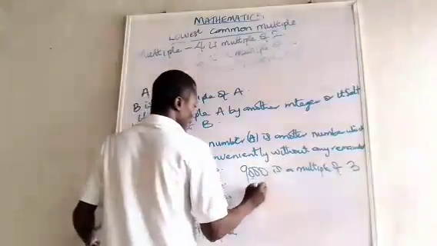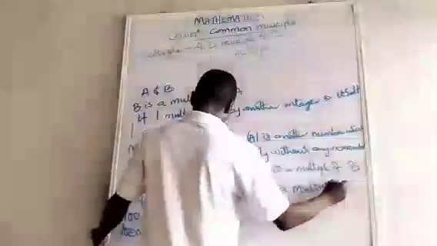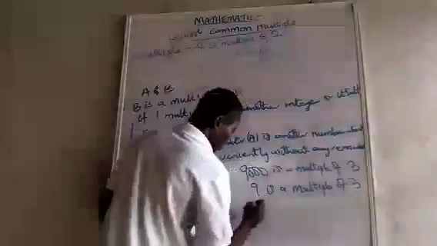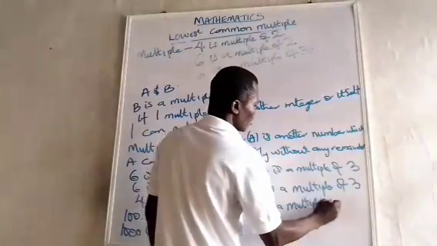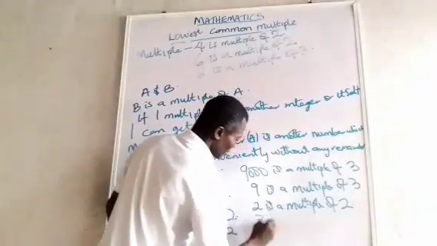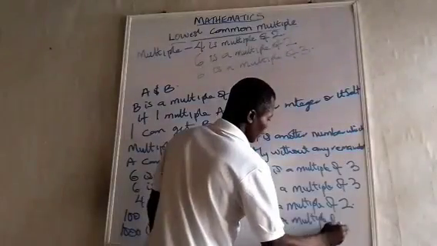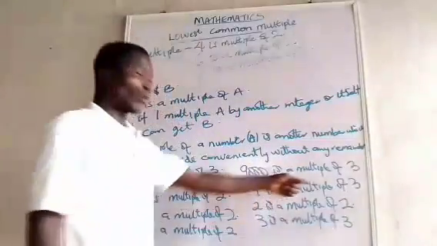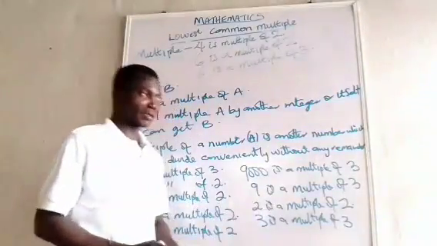Yes, 9 is a multiple of 3. 2 is a multiple of 2. 3 is a multiple of 3. You know why? If you multiply 2 by 1, you get 2. If you multiply 3 by 1, you get 3. So that's why they are multiples of themselves.